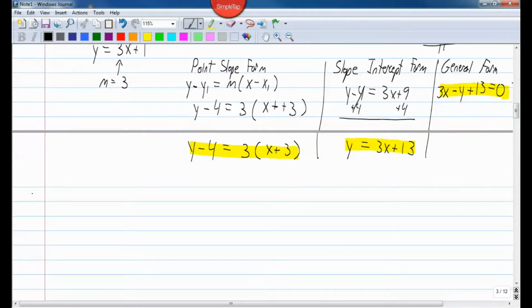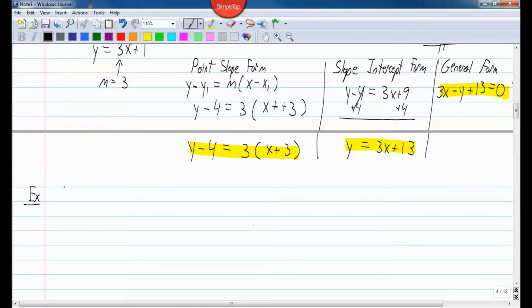Well, let's take a look at this problem. Use the given conditions to write an equation for each line in point-slope, slope-intercept, and general form.